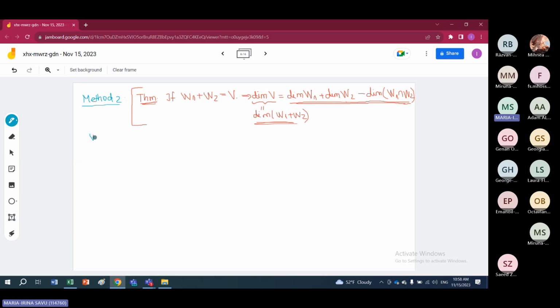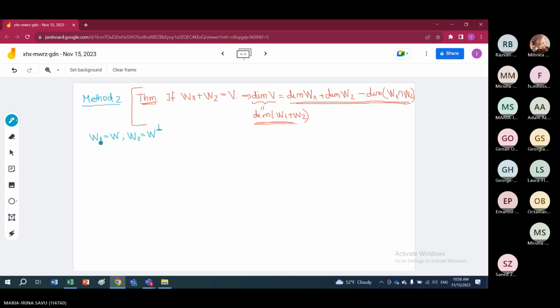In our case, W1 is W and W2 is W perpendicular. There is no need for W1 and W2 to be orthogonal complements, so they don't need to be perpendicular as vector subspaces. They can be any vector subspaces, and this theorem is true.